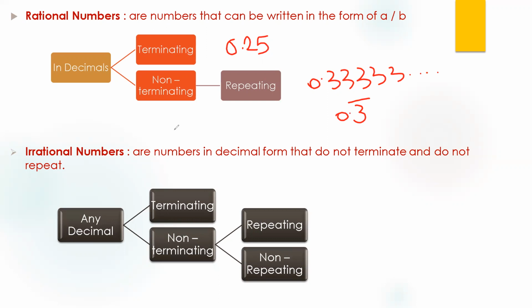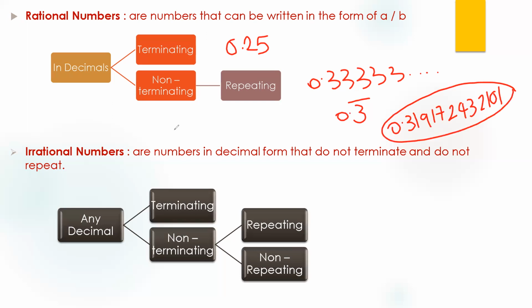Now, one of you may ask, what about if the number is not terminating, like 0.31917243210, and so on? This number is not terminating, and it's not repeating.